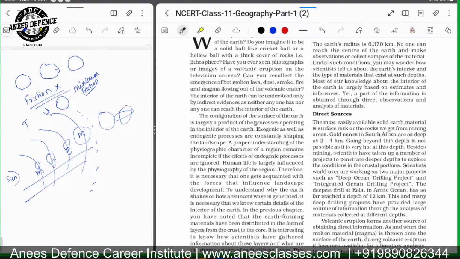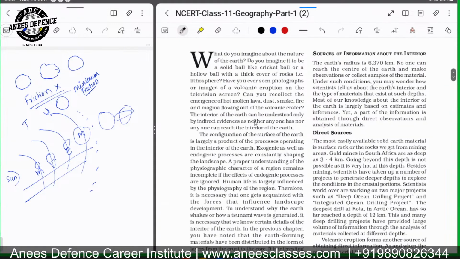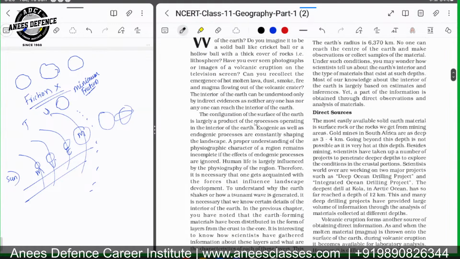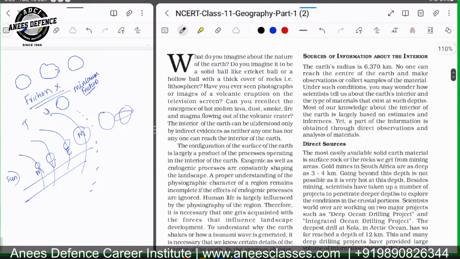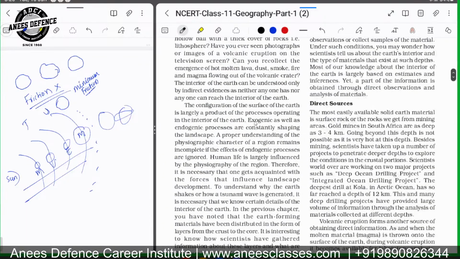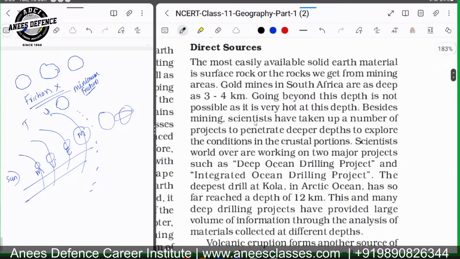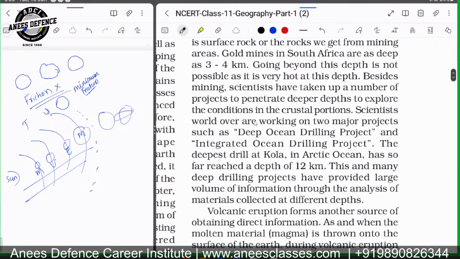We have already talked about this while I was in Hyderabad. I have covered it, but Nayan Sarod is also there, so I will just talk in brief and then jump to the next. Now here, the deepest drill at Kola in the Arctic Ocean, the human has gone to a depth of 12 kilometers inside the earth.